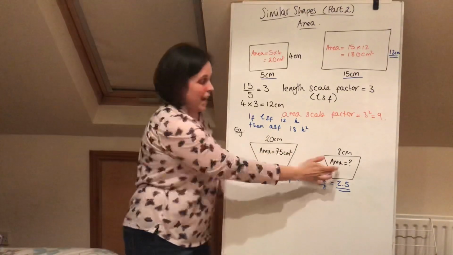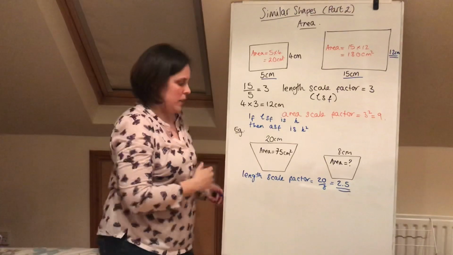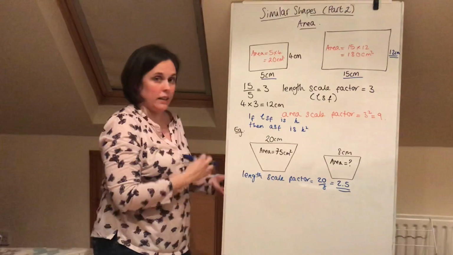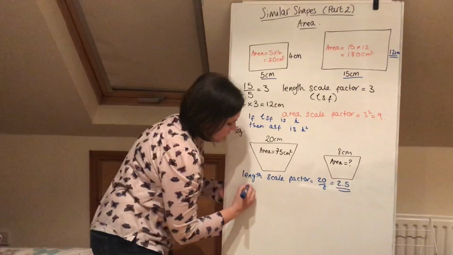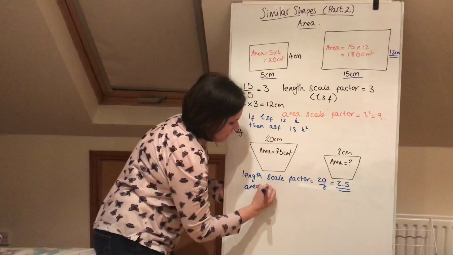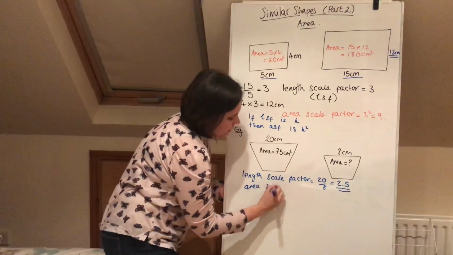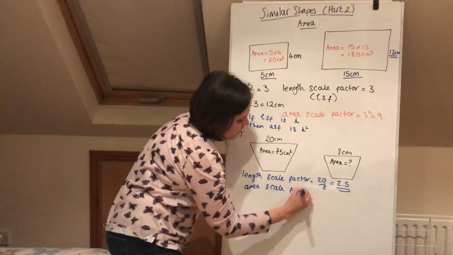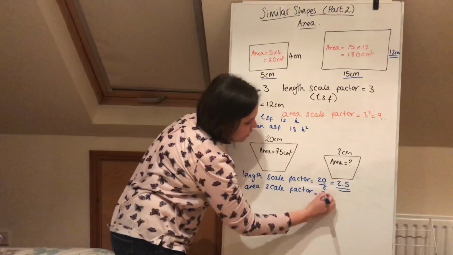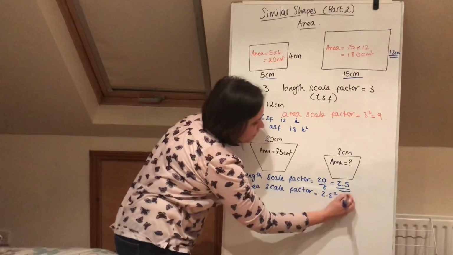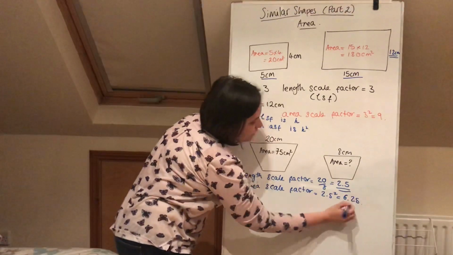Now, it's the area that we're needing, so we need to basically now calculate the area scale factor. So, the area scale factor, okay, is just 2.5 squared, which is 6.25.